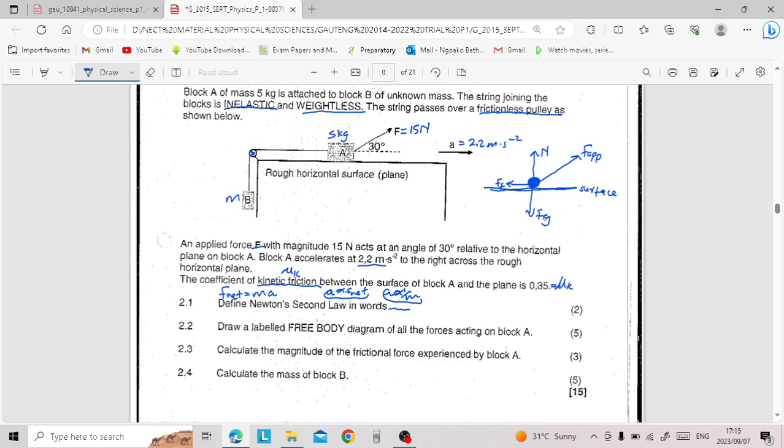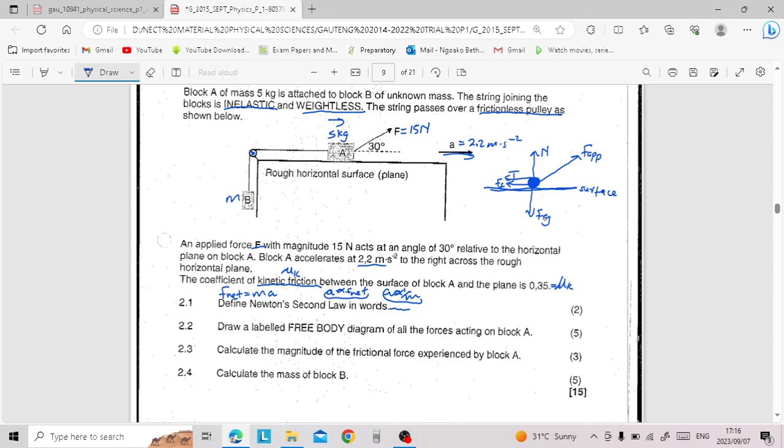The object is accelerating to the right, so friction, which opposes the motion, will act to the left. And then we also have tension. So that's why it's 5 marks. How many forces? 1, 2, 3, 4, 5.